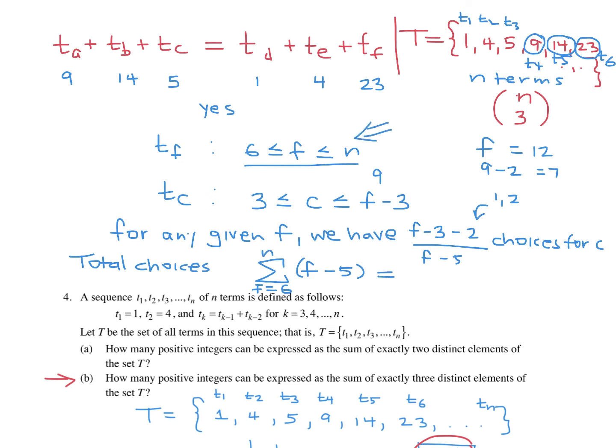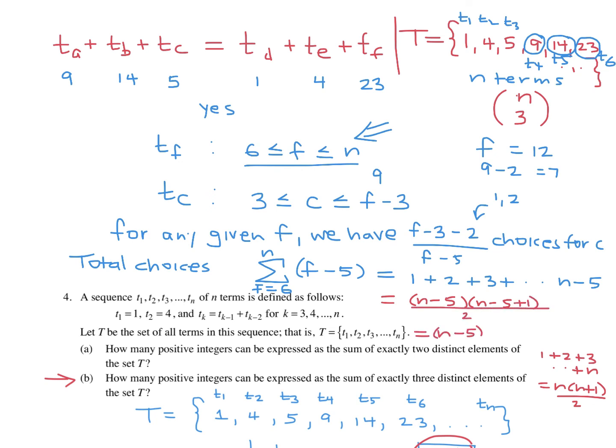So this looks like to me, when F is 6, this becomes 1. When F is 7, this becomes 2. When F is 8, this becomes 3, and it just keeps going until you get to n minus 5. And you guys remember that nice formula that if you have the sum of consecutive numbers 1 plus 2 plus 3 until n, the sum is equal to n times n plus 1 over 2. So you use the same formula here. In this case, it would be n minus 5 times n minus 5 plus 1 all over 2. And that looks to me like n minus 5 times n minus 4 all over 2.